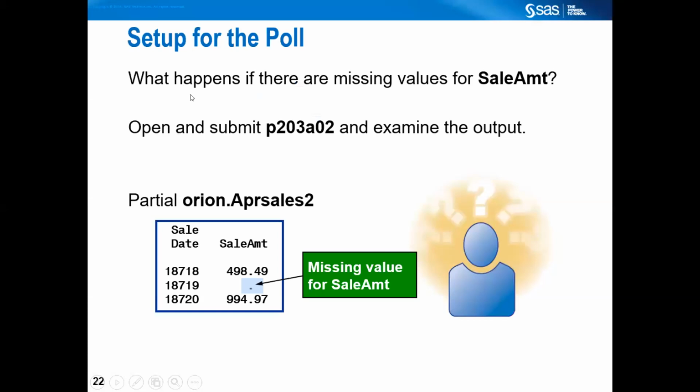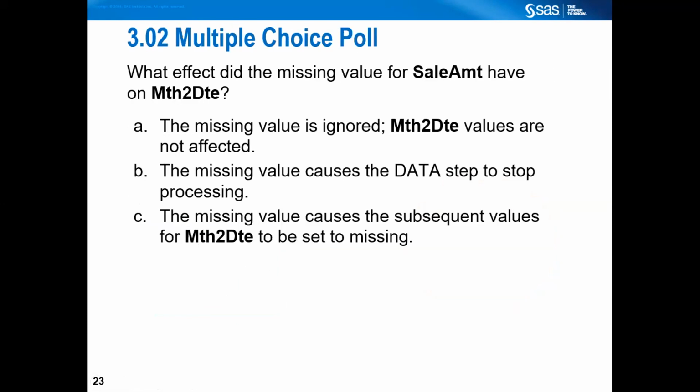That's what the poll was asking: what happens if there are missing values in sale amount in between your data? We saw with April sales that there was no sale on the second day, hence it was missing. When you used your earlier code, it was giving us missing. So what effect did the missing value of your sale amount have on month to date?